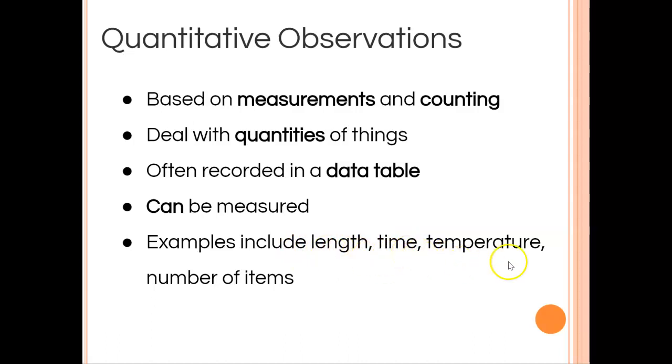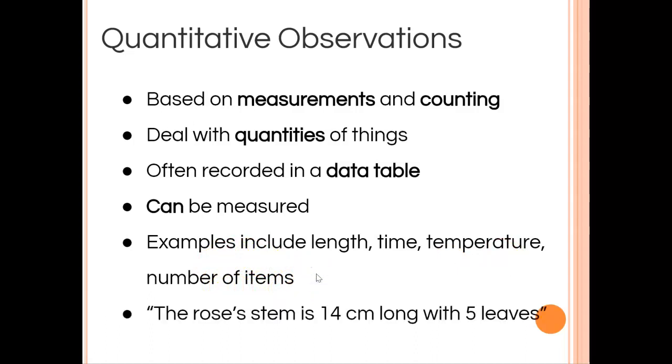You might measure the air temperature when you're running, or maybe the number of items. We saw those parakeets being counted in the video. Okay, so if I were describing a rose, I might say that the rose's stem is 14 centimeters long. I've measured that. And it has 5 leaves. So maybe the rose has 5 leaves and I've counted that.